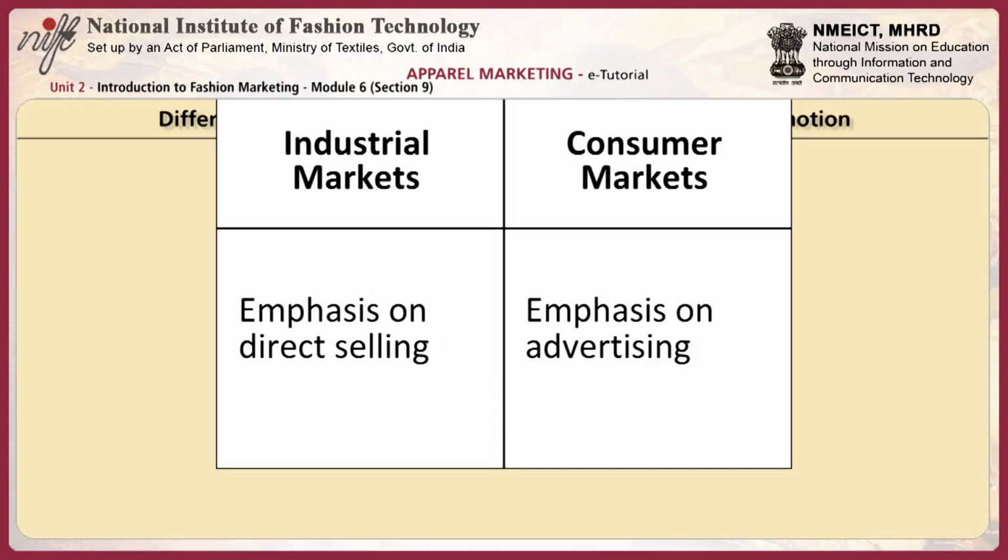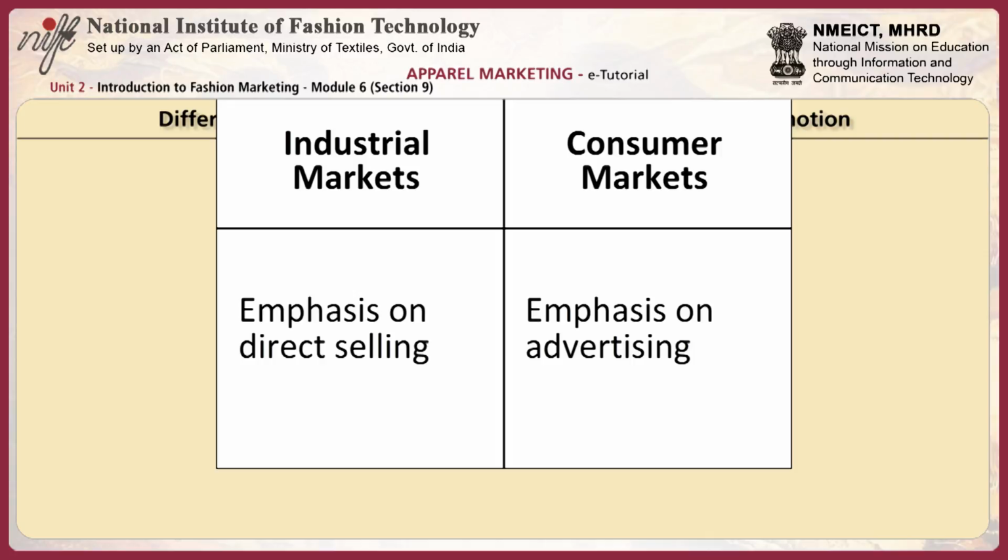When it comes to the promotion, in the industrial market scenario, the emphasis is on direct selling. The sale of packaging material to companies making toiletries or allied products will involve a large amount of personal interface, sometimes running into days.